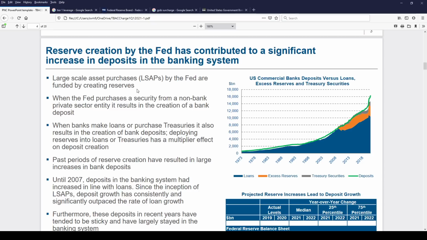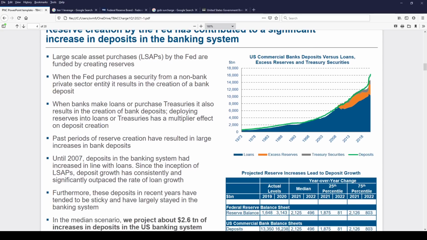So again, anyone who thinks there's money printing going on, here it is from the Treasury, that there is no money printing occurring. When the Fed purchases security from a non-bank private sector entity, it results in the creation of a bank deposit. So it is possible through QE, when a Treasury is from a non-bank source, it will lead to a creation of a deposit in the M2 money supply. Now, it doesn't mean it stays there long. It just means it creates a deposit there.